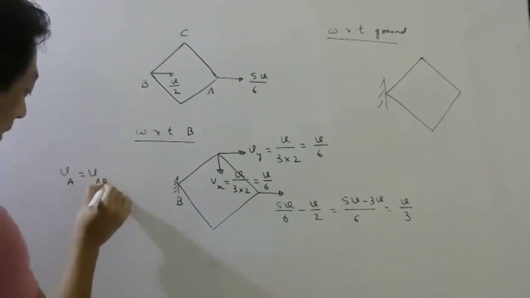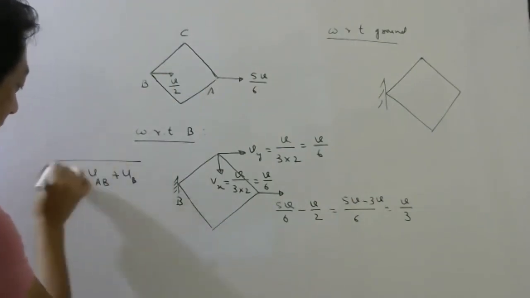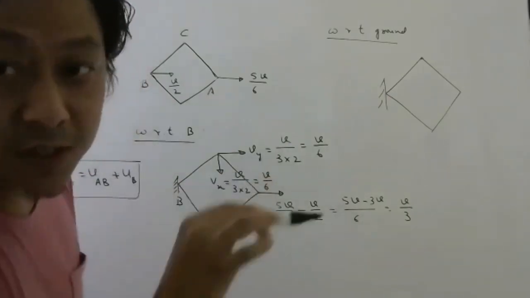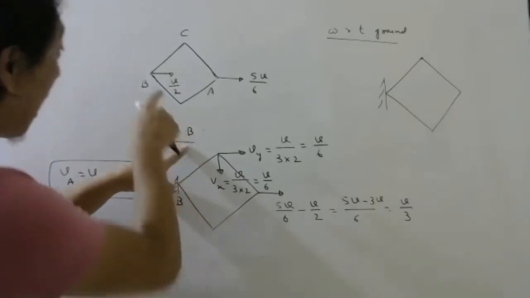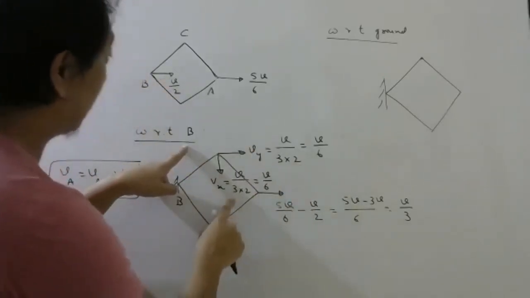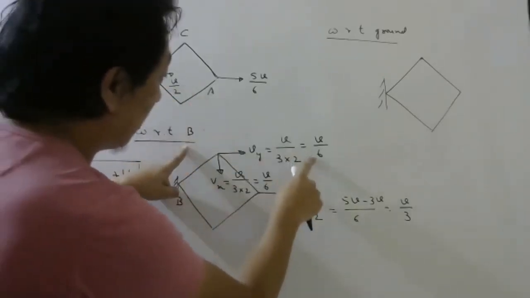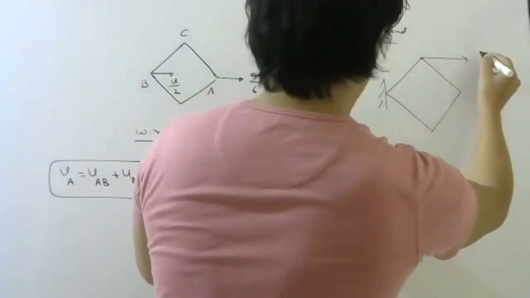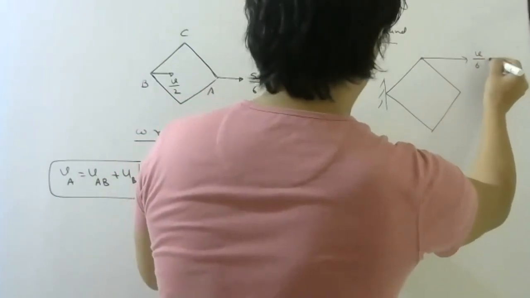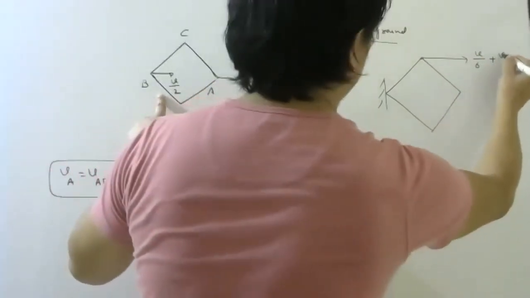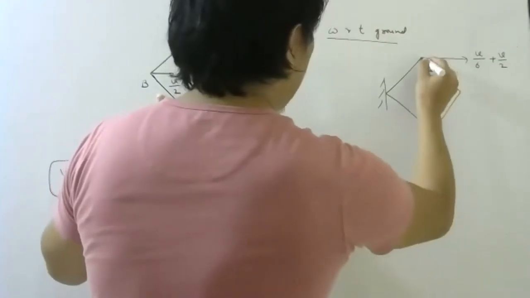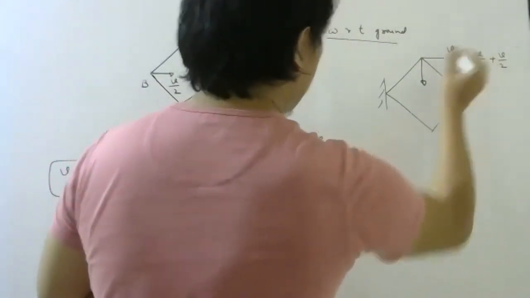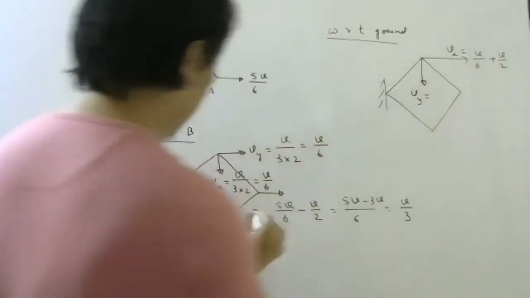Velocity of A with respect to B plus velocity of B. Now these are velocities with respect to B. So I have to add this velocity to this and this. When I add this velocity with this, it is in the same direction. So I will get v by 6 plus v by 2. And here it will remain unchanged. This will be Vx and your Vy will be unchanged. It will be v by 6.